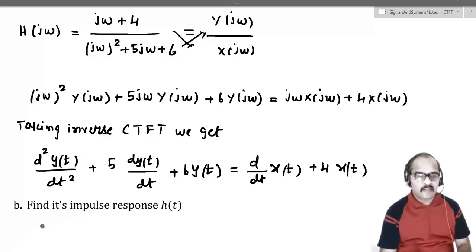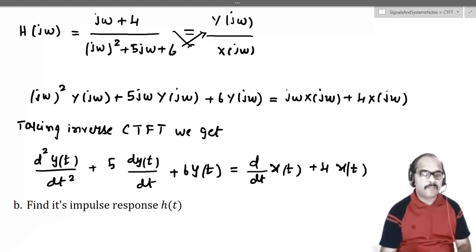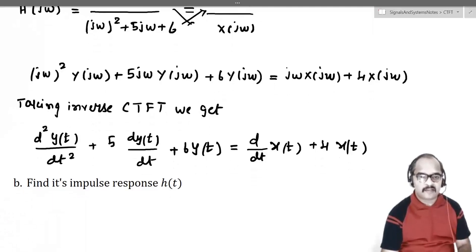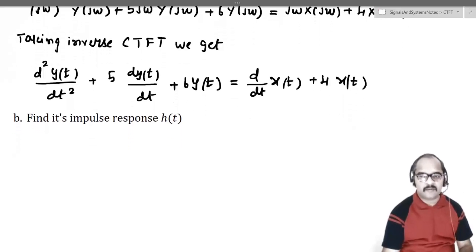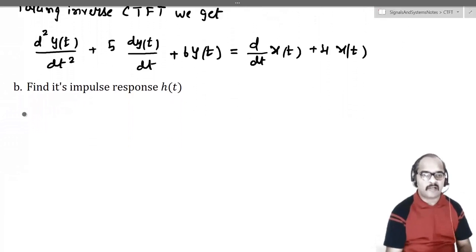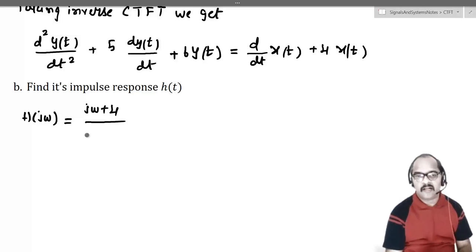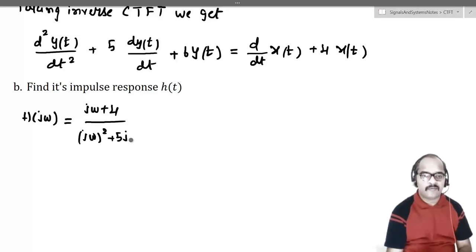Okay, so the next question is to find its impulse response. To find the impulse response, you have to take just the inverse Fourier transform. Here the partial fraction expansion will come. So let us write down again H of j omega, which is (j omega plus 4) divided by (j omega)^2 plus 5j omega plus 6.